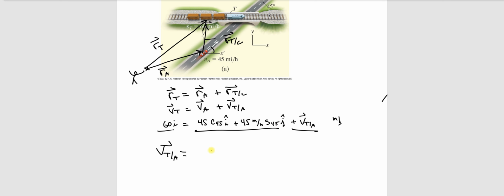So that's going to equal 60 minus 45 cosine 45 i, that's this minus this, then minus 45 sine 45 j. And I'll just put the units out here, these are in miles per hour. And that's it. So there's an expression for the velocity of that train with respect to the car.